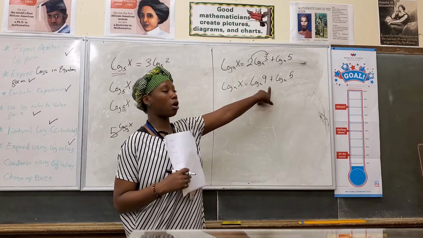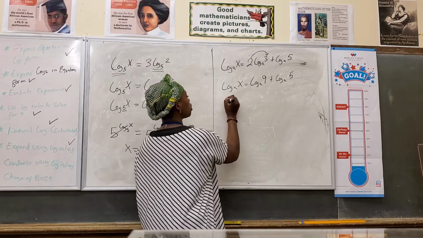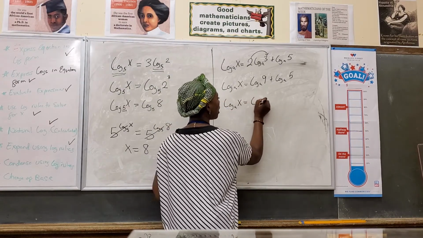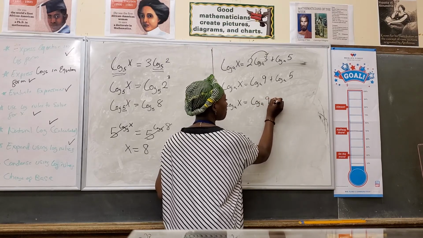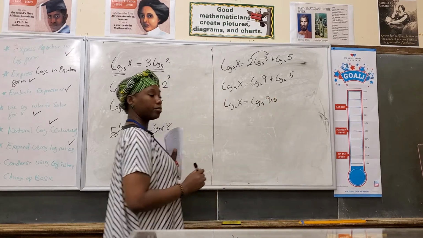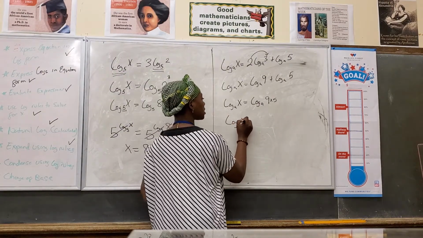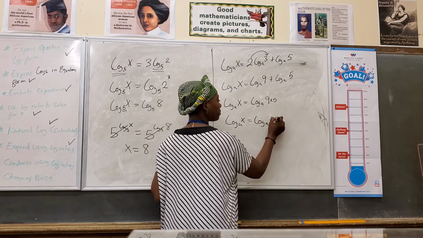In the log world, addition, when you condense it, becomes multiplication. So log base a of x equals log base a of 9 times 5. Log base a of x equals log base a of 45.